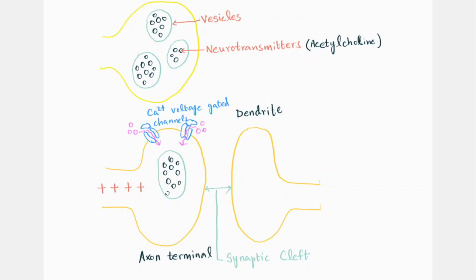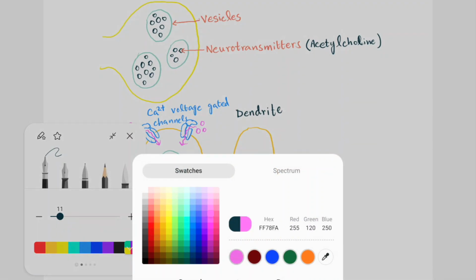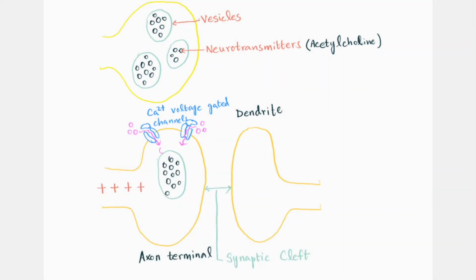This is filled with the neurotransmitter acetylcholine, and what happens now is that the calcium ions bind to the vesicle and carry it to the membrane of the axon terminal. It's a complex mechanism, but they bind to the vesicle and carry it to the membrane of the axon terminal. And I'll just rub that out right here.